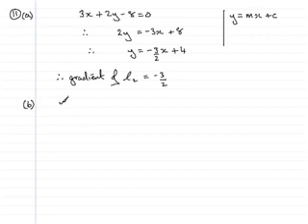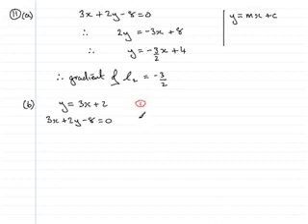Okay, so let's write down those equations. First of all, the one for line 1 was y equals 3x plus 2, and the other line was 3x plus 2y minus 8 equals 0. And with all simultaneous equations, it's good to get into the habit of numbering your equations so that we can identify them through the stages that we do.